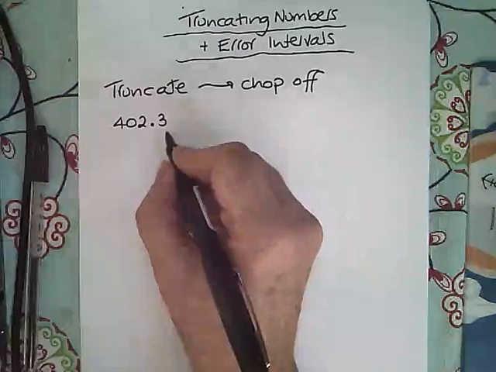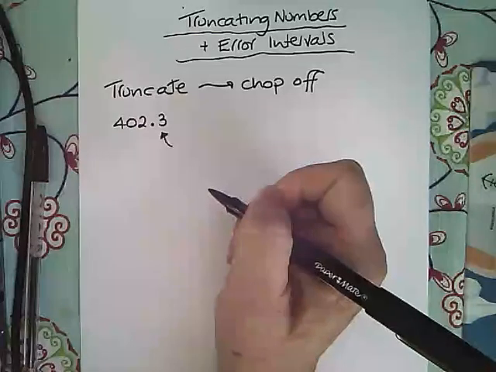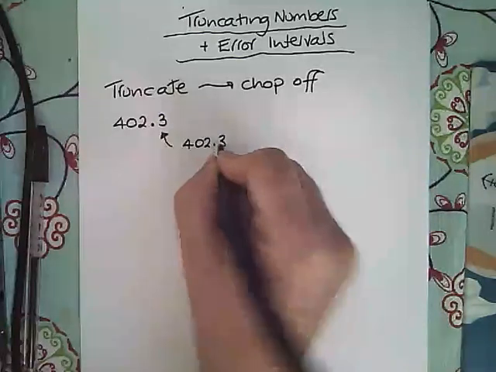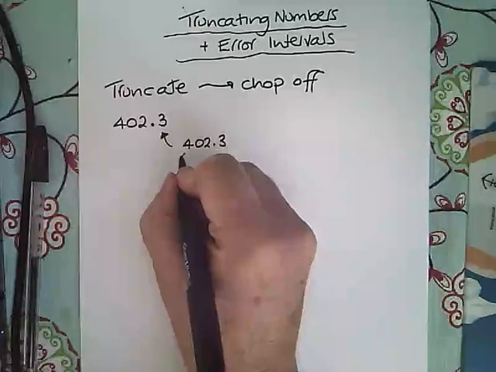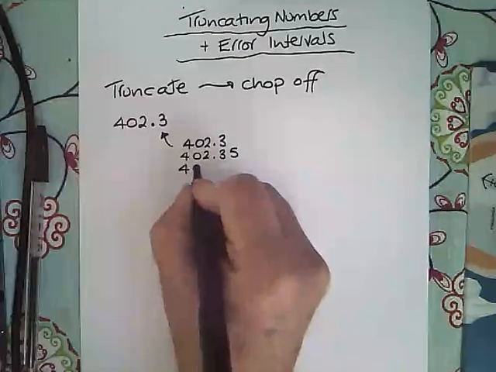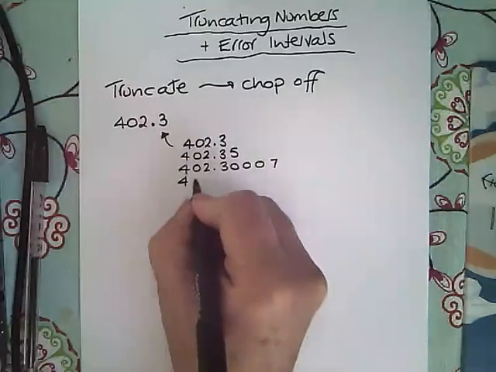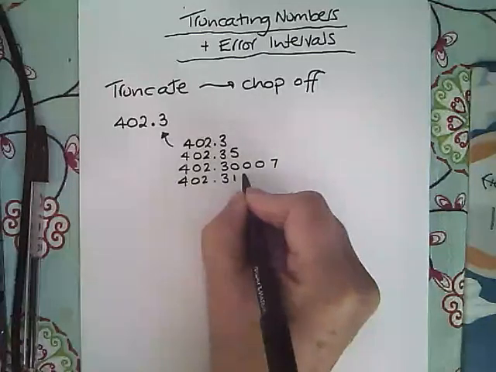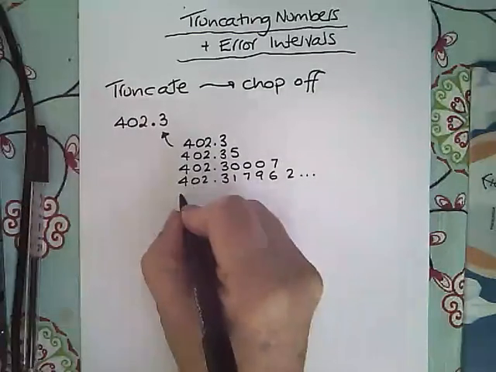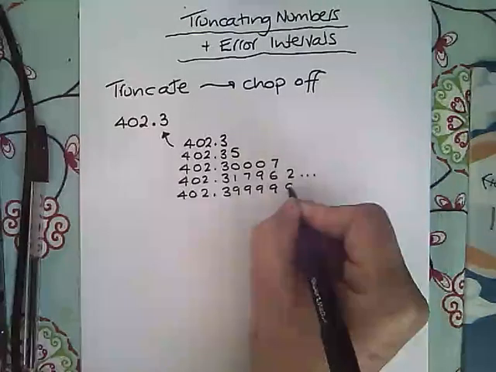What it means is when whoever truncated the number, chopped it off, looked at their calculator display, they could have seen exactly 402.3, or it could have been 402.35, or it could have been 402.30007, or it could have been 402.317962 blah blah blah, or it could have been 402.3999999.